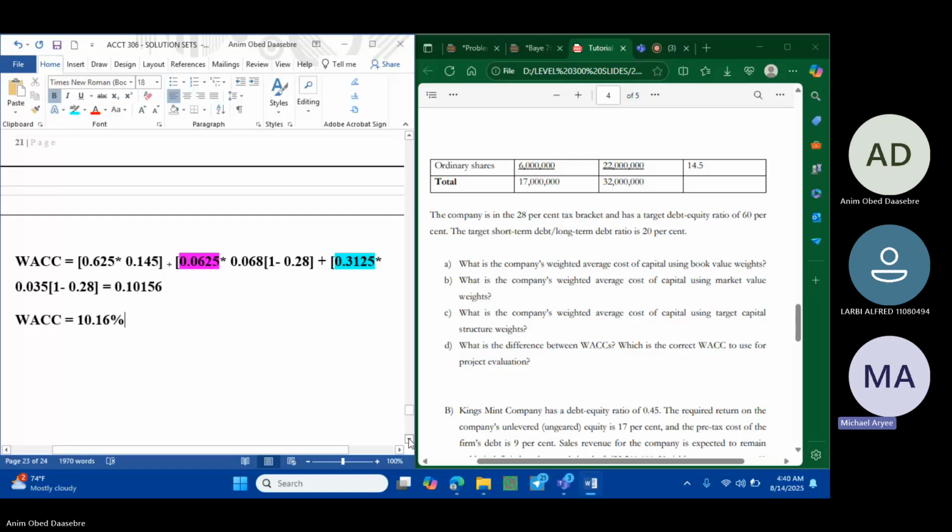The one being more advantageous than the other in terms of its usage. So based on the three, which one do you think the companies will use and why?